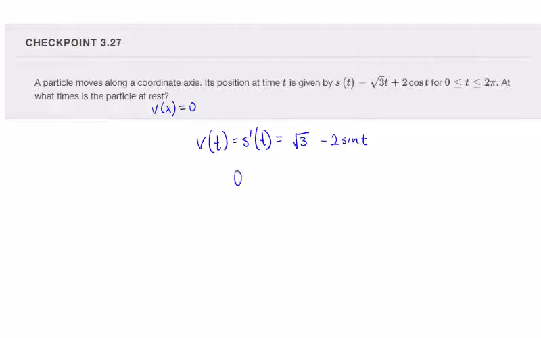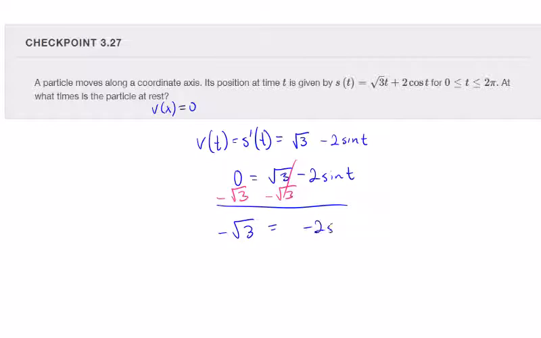Now we want to set this equal to 0 and isolate the trig function. We subtract root 3 from both sides and get negative root 3 equals negative 2 sine of t. Then we divide both sides by negative 2, and we get sine of t equals root 3 over 2.